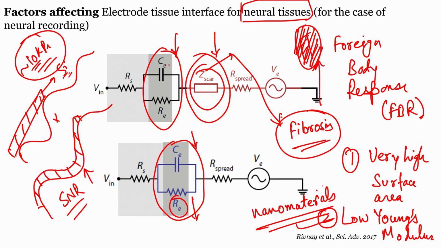So if these materials are combined with the mechanical softness of substrates like polymers, it can result in both of these parameters being satisfied, resulting in overall reduction in the impedance offered by the tissue electrode interface, which in turn results in improved quality of the recorded signal. Now this brings us to the end of this session.